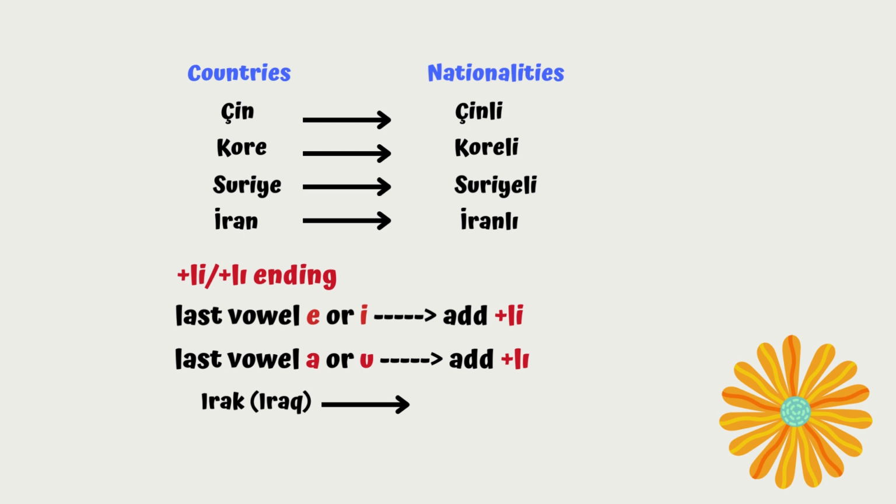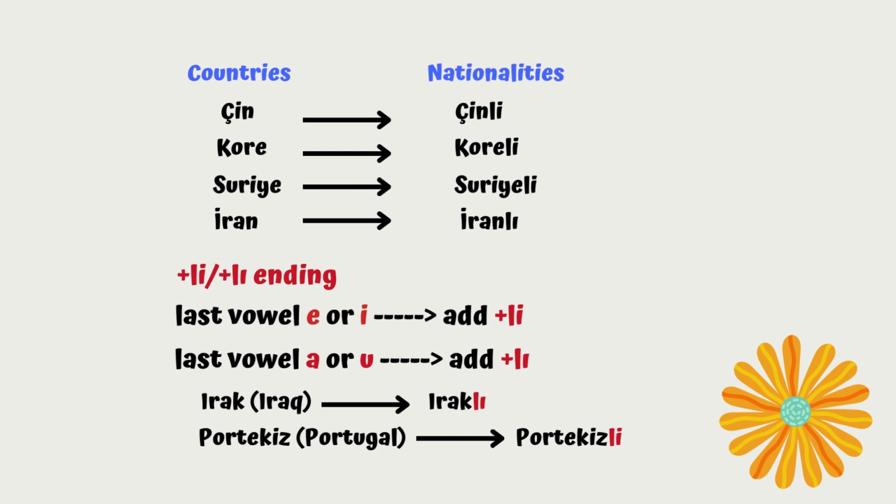Just have a guess. Yep, Iraklı. Because the last vowel is a, so I have to add lı. Okay, another example. Portekiz. Again, the name of the country. Can you make it nationality? Portekizli. Again, the last vowel is i, so I'm going to add li. So as you see, I can make nationalities if I know the name for the country. That's not always the case, but most likely.